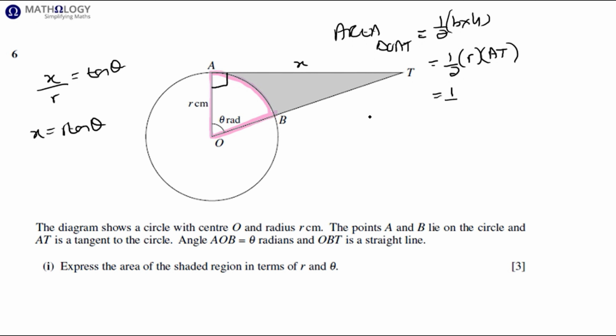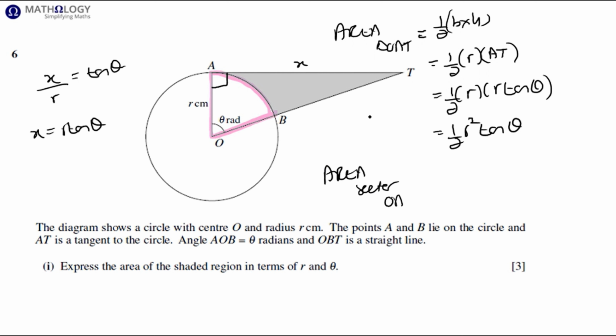So the area of the triangle will be a half times r times r tan theta, which is a half r squared tan theta. That's the area of the right angle triangle. The area of the sector OAB is a half r squared theta.